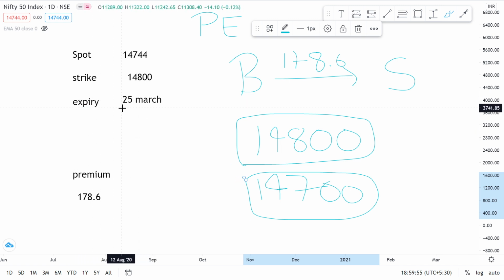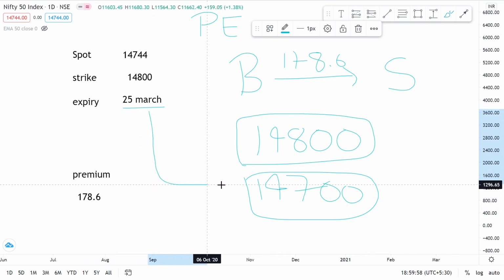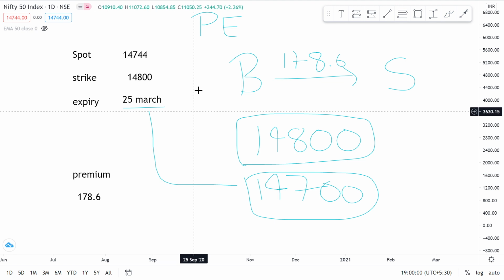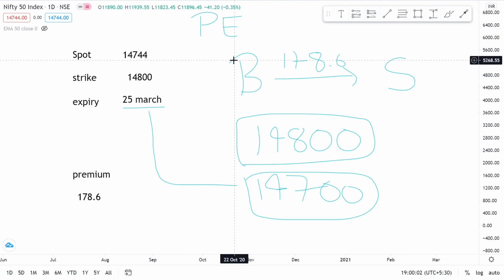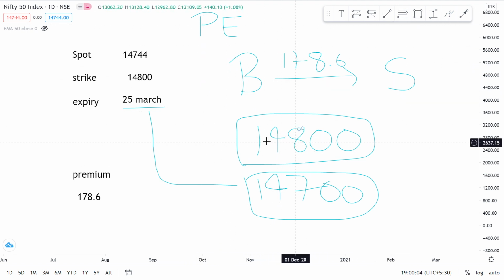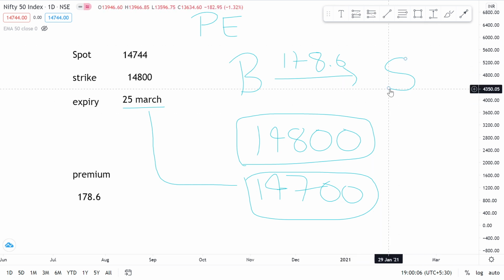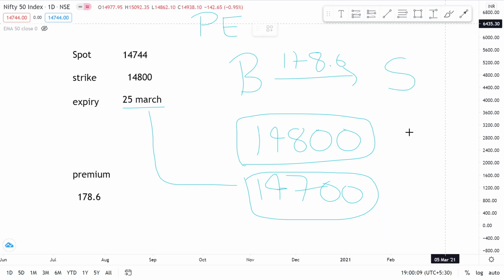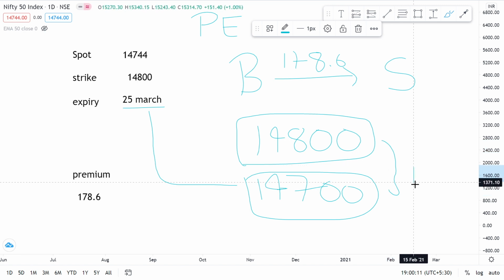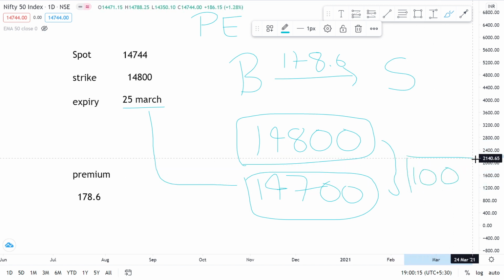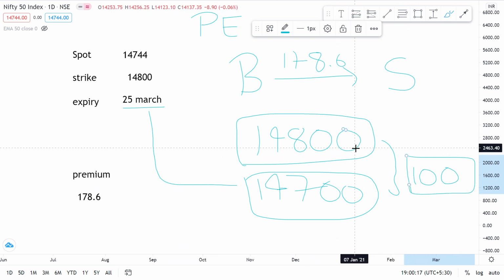On the expiry date on the 25th of March, let's say Nifty is trading at this level, but according to this agreement, the buyer can sell Nifty at 14,800 to this guy. So this net profit of 100, this is his profit. He gets to keep this. According to his agreement, he's selling it at 14,800, but the current price on the 25th of March is 14,700. So this 100 he has as his profit.